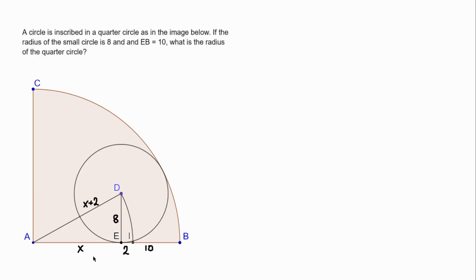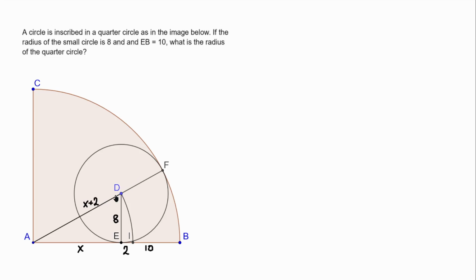But the question is, how can we actually say that this distance from E to I is equal to 2? Well, that actually has to do with what happens if we extend the line from A to D all the way to a point F up here. And then we get this line here. Now, what we see is that the distance from D to F is actually, once again, the radius of the smaller circle.